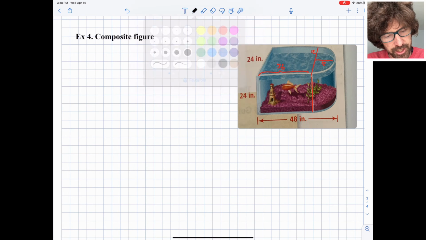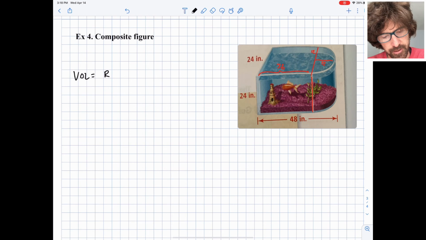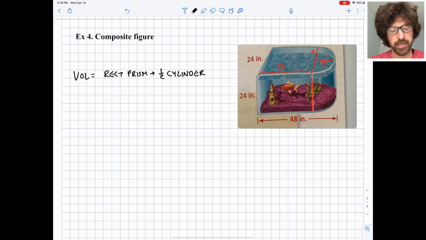So my big suggestion for this is to keep track of everything in an organized manner. So my volume is going to be the rectangular prism plus half of a cylinder. Hopefully you can see that's a cylinder chopped in half.